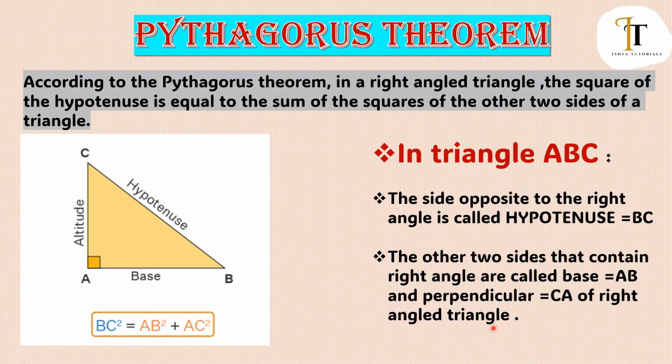Now, the statement says that according to the Pythagorean theorem, in a right angle triangle, the square of the hypotenuse, here BC square, is equal to the sum of the squares of the other two sides, meaning AB square plus AC square. So finally, the Pythagoras theorem states that BC square is equal to AB square plus AC square. That we're going to apply in the questions as well.